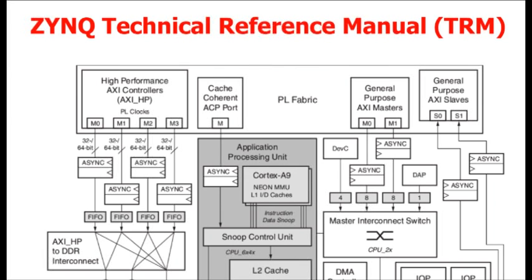Indeed, the AXI controller which will be connected to the cache coherence ACP port. And then we have general purpose AXI masters. These are the ones that will drive the SGP0 and SGP1 ports. And then finally we have general purpose AXI slave ports. These are the hardware logic that we develop and will be driven by the GP1 and GP0 AXI master ports.